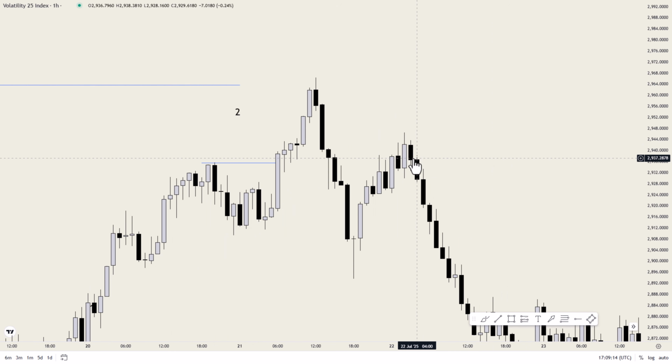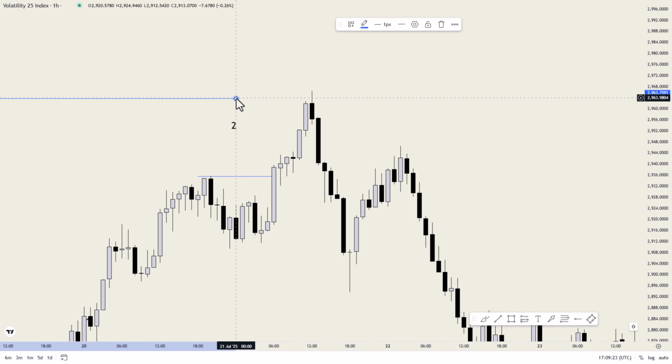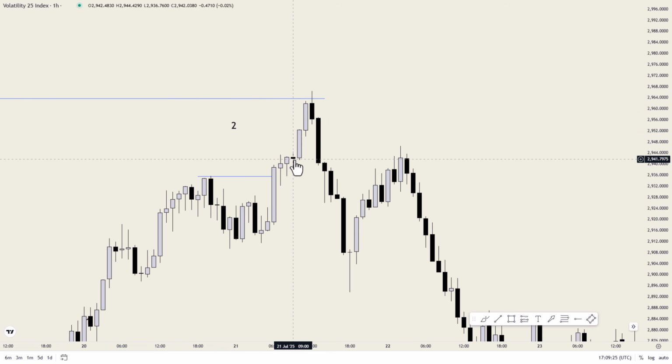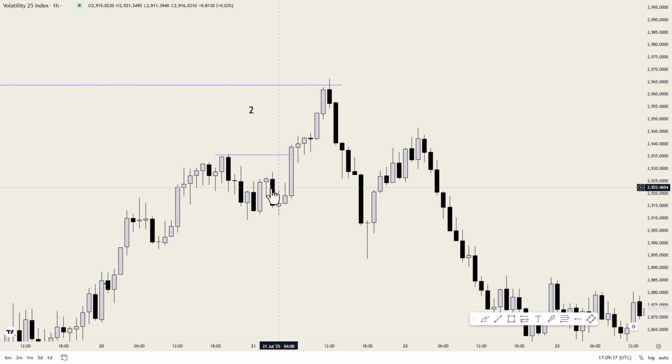Another thing you should also understand is that before the sweep of liquidity above this high, these two consecutive candles were formed after this candle was formed. But preferably, to determine the change in the state of delivery, you can neglect this and focus on this consecutive candle because that one can be negligible.